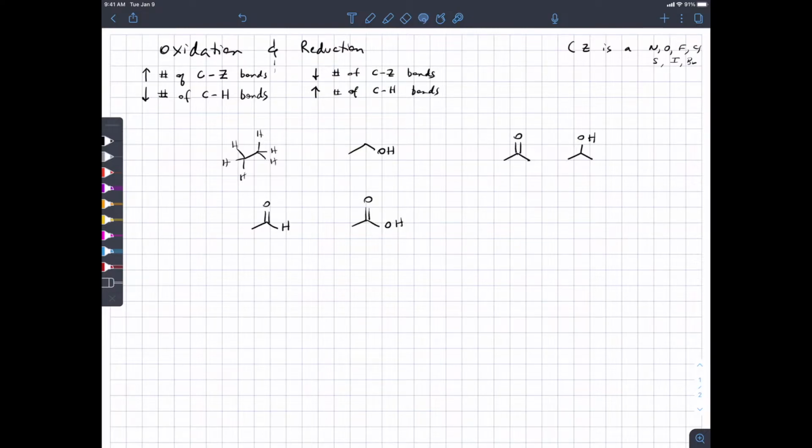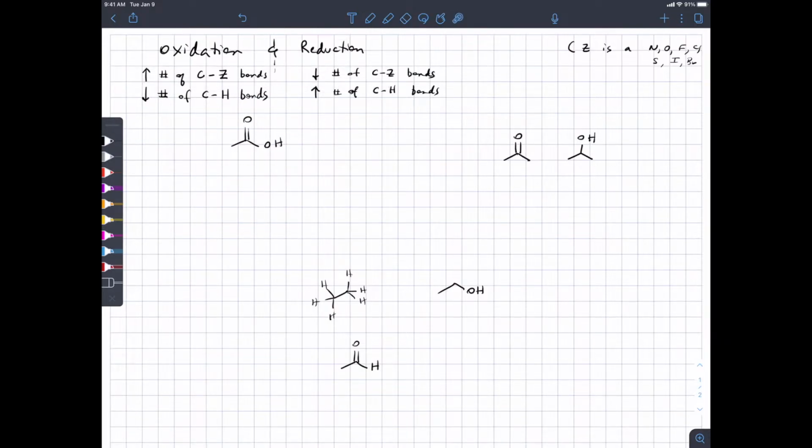Let's rank these molecules here in order of increasing oxidation. So, which is the most oxidized of these compounds? Carboxylic acid. You recognize that because why? 3 bonds to oxygen.